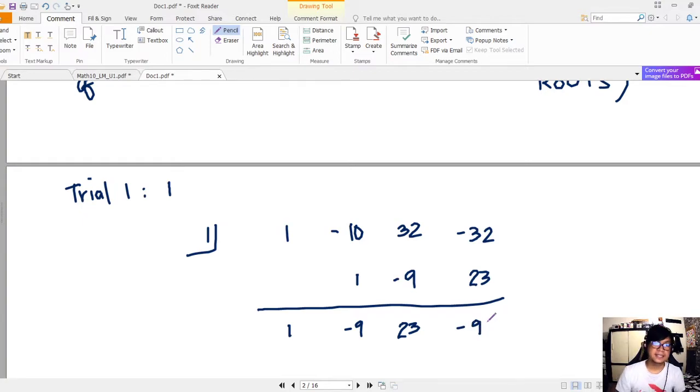Okay. Since the remainder is not equal to 0, the remainder is negative 9. So, yung 1 natin is not a real root. Hindi siya real root.